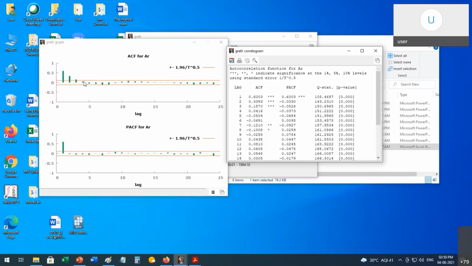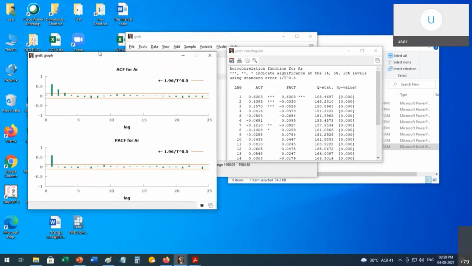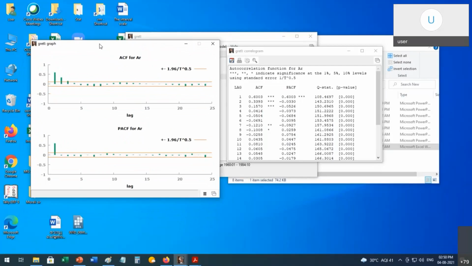Sir, can there be a significant spike at the 10th lag, the 15th lag? Maybe it is fast decaying, and then after the 15th lag, there is a significant spike. It can happen. Then what do we conclude? No, usually, you see that particular spike is because of the sample data.